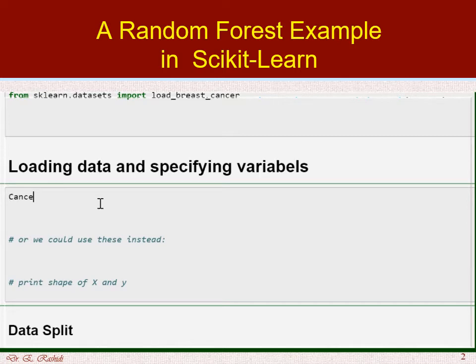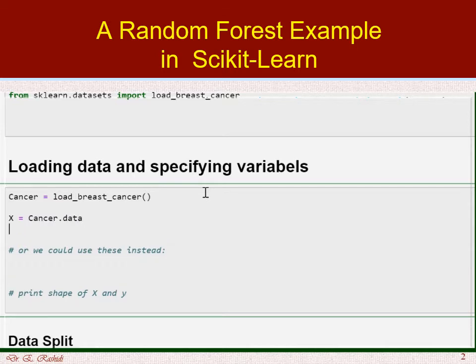So I'm going to call my data cancer. And then the feature variable is going to be the data here, and the target variable is just going to be the target.